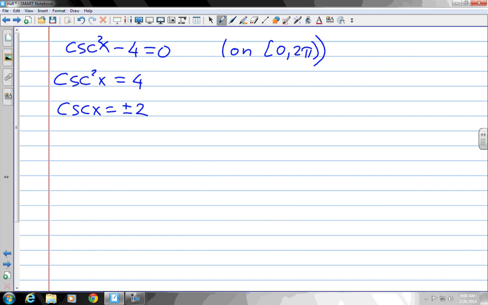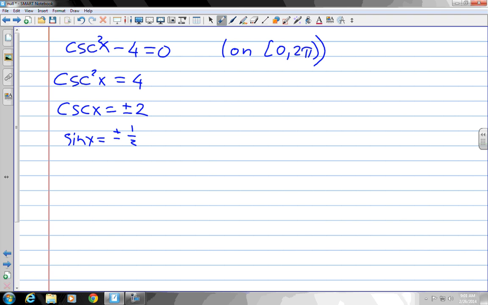So can we convert this equation in terms of the friendlier trig functions? How would you do that? Yeah, so it's cosecant. If you flip it, it becomes sine, but then you have to flip the other side. So it's equivalent to saying sine x equals plus or minus 1/2.